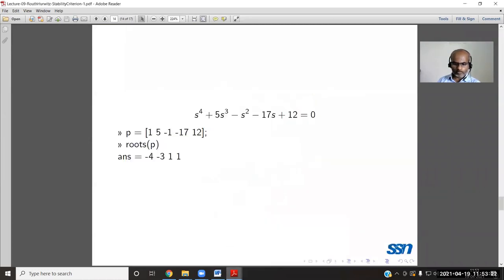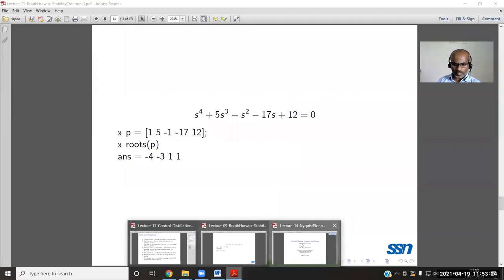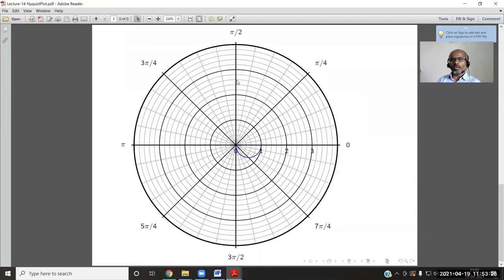The Nyquist plot is again a plot of amplitude ratio and phase angle for increasing values of omega, say from 0 to infinity and 0 to minus infinity. Of course, this is a polar plot.